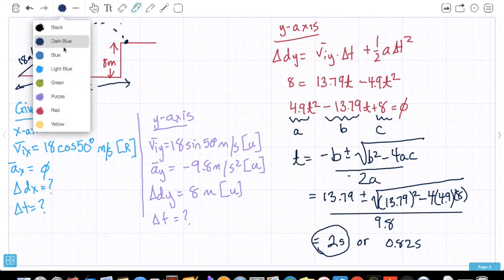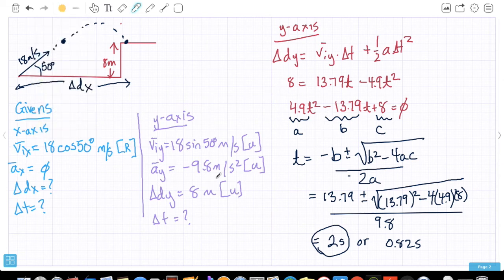So we're almost done. Next thing we have to do is just look at our x-axis information. So in the x-axis, we have delta dx equal to vix times delta t. Well, vix, when you crunch this out, 18 cos 50, ends up being 11.57.